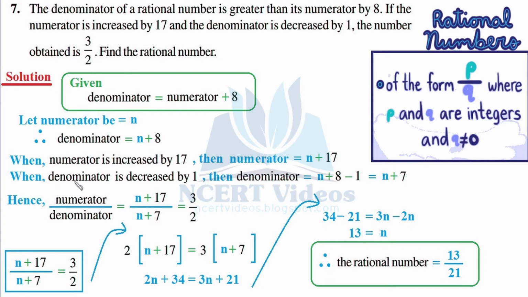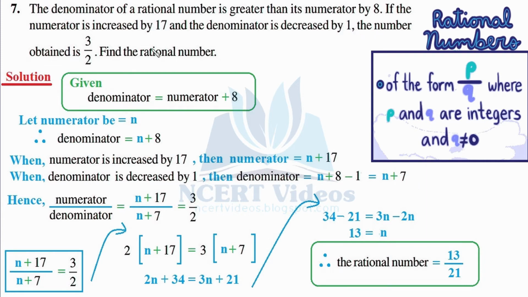Therefore, when denominator is decreased by 1, denominator equals n plus 8 minus 1. It is a simple subtraction operation. So 8 minus 1 will give us 7. Therefore, our new denominator is n plus 7. Now, we have found our new numerator and denominator, which are n plus 17 and n plus 7 respectively.